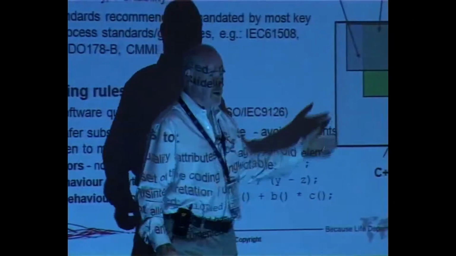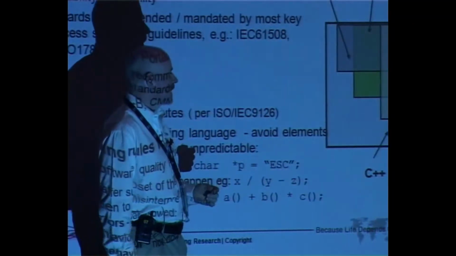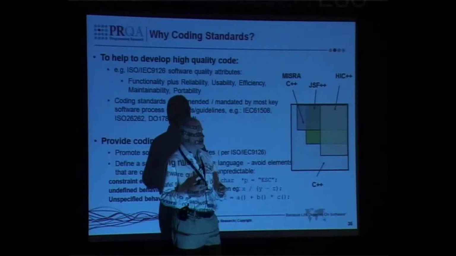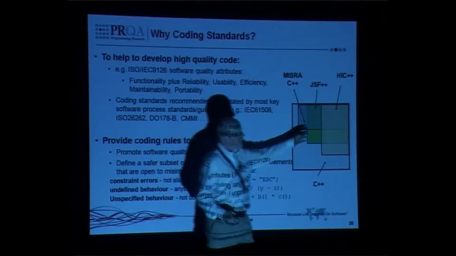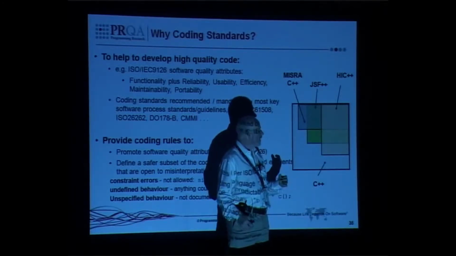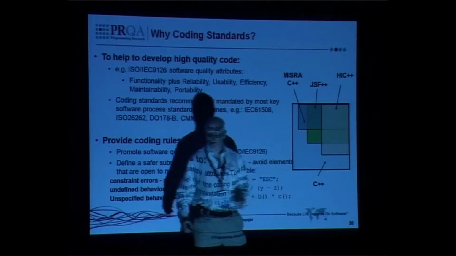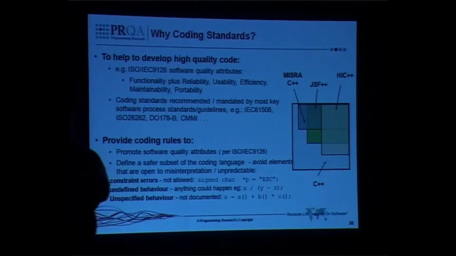And basically, a coding standard has two main aims: to promote quality software, but also to define a safer subset of the programming language. If we look over here at the C++ programming language, this diagram represents the whole of the language, and these various subsets are subsets of the language which are coding standards. So they all share some common functionality, some common rules, but there's various other areas of the programming language where they differ.